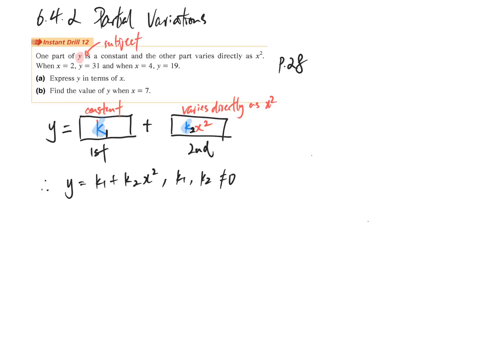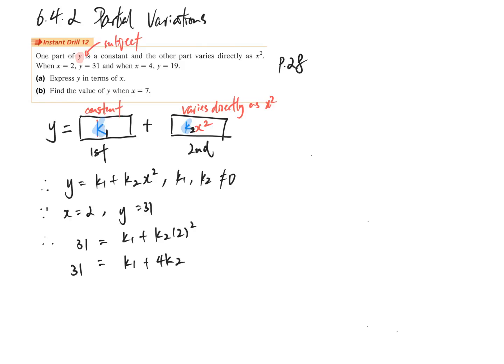And then all we need to do is to substitute everything into the formula here. Because x equals 2, y equals 31, we have 31 equals k1 plus k2 times 2 squared, which means 31 equals k1 plus 4k2.